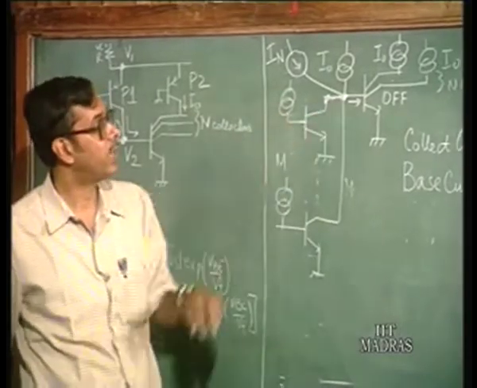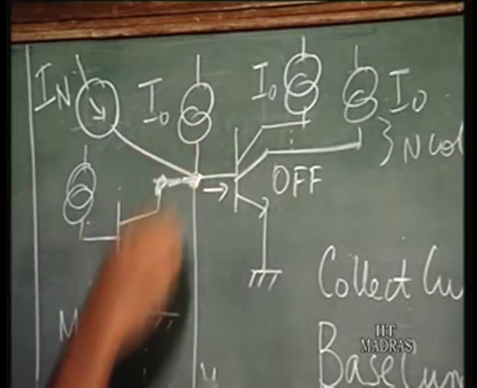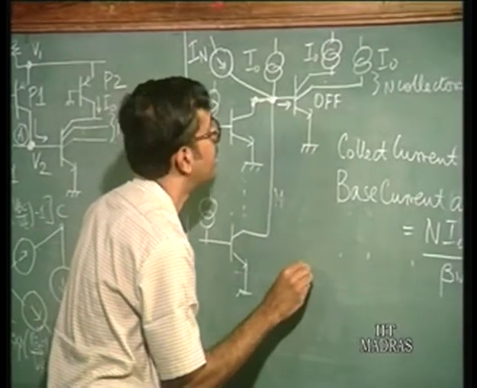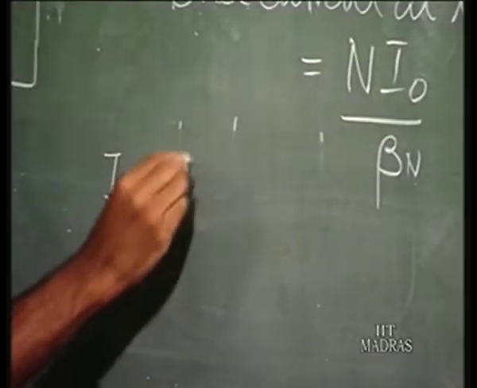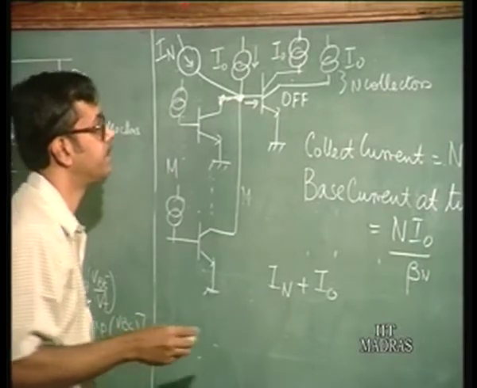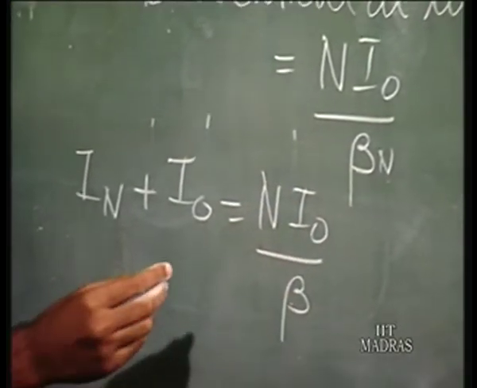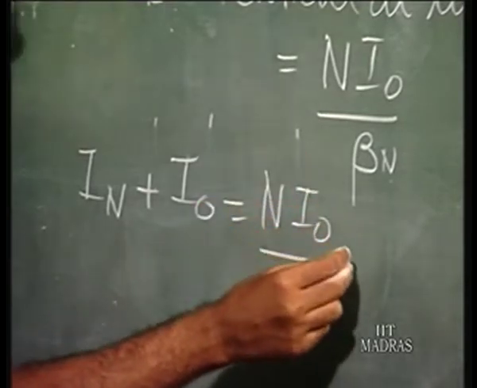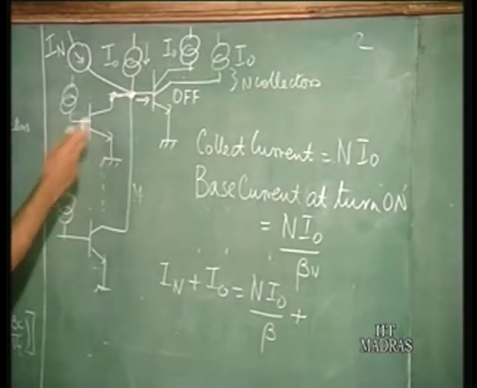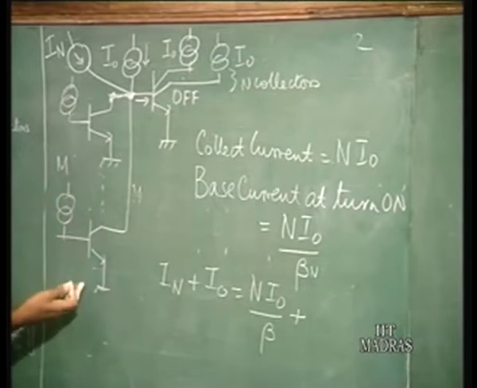Now, at this node, if you write the nodal equation, the currents flowing in, I n plus I naught, equal n I naught by beta, plus the current into the transistors at the base. Here you can have one transistor on, two transistors on, or all m transistors on.